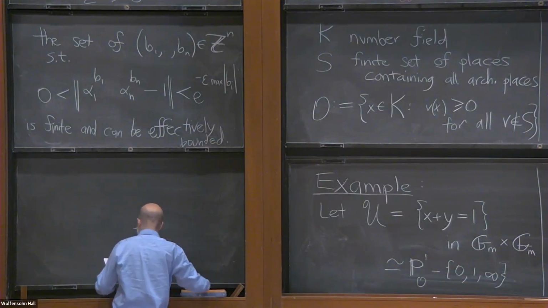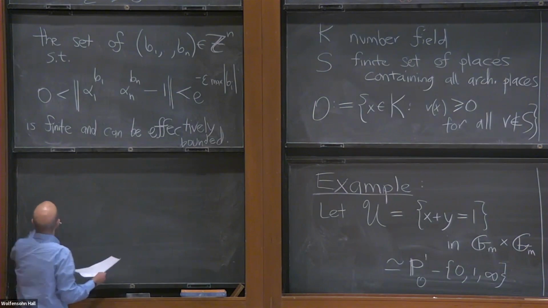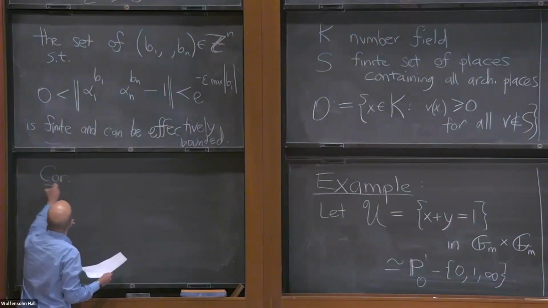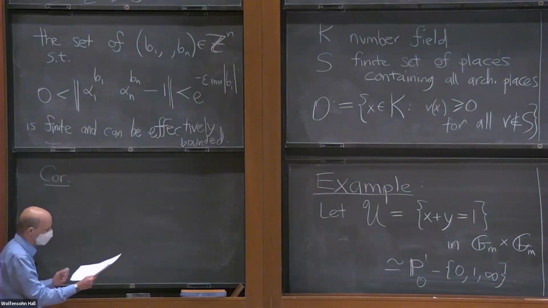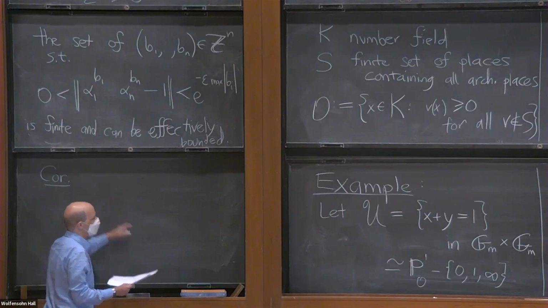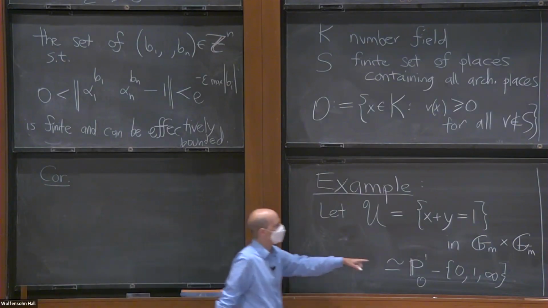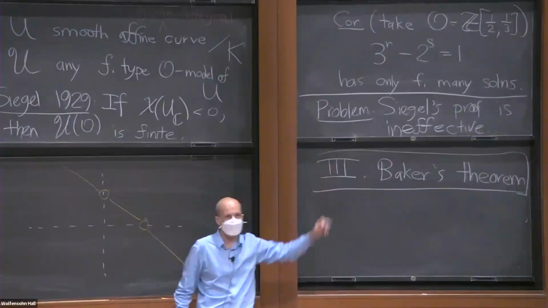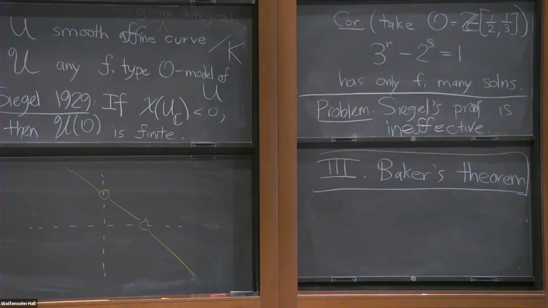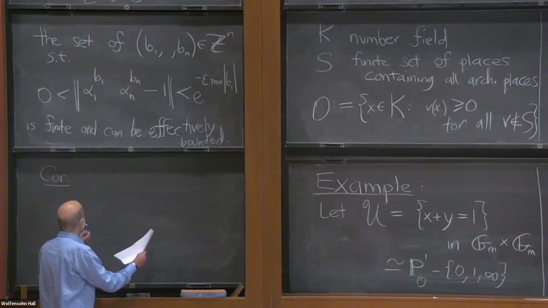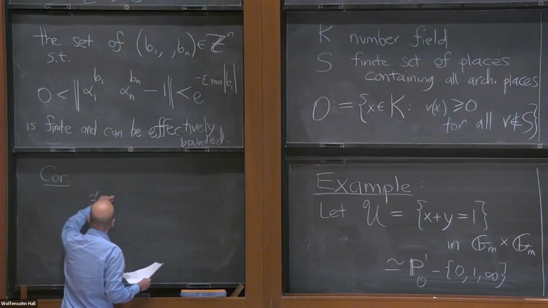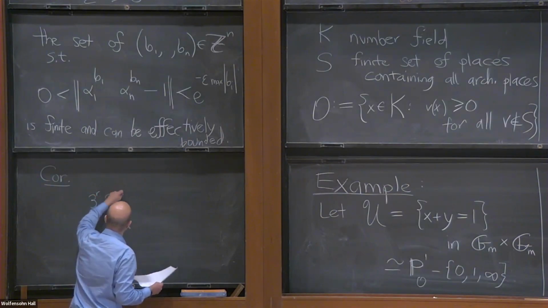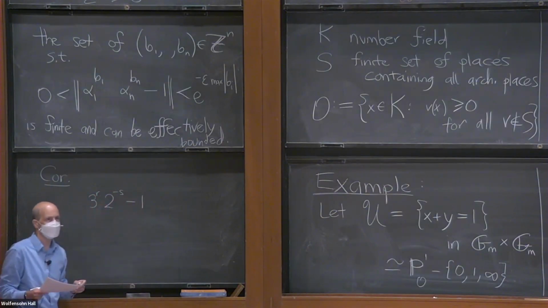Okay, so let me give one example of how you could use this theorem. Suppose you're trying to find the solutions to this middle board here, 3 to the R minus 2 to the S. Whenever you have a solution to that equation, you could divide by 2 to the S, and then you would get that 3 to the R, 2 to the minus S is very close to 1.